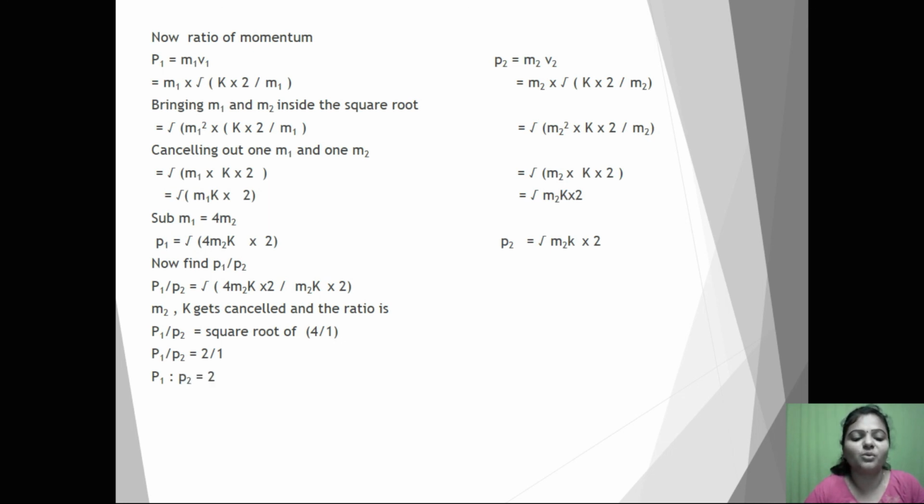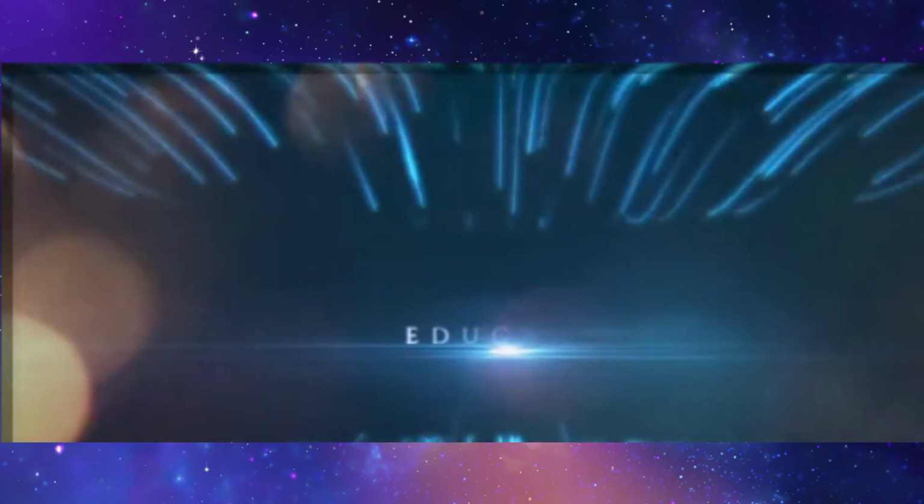So the ratio P1 is to P2 is 2 is to 1. So the final answer is the ratio of the momenta is 2 is to 1.